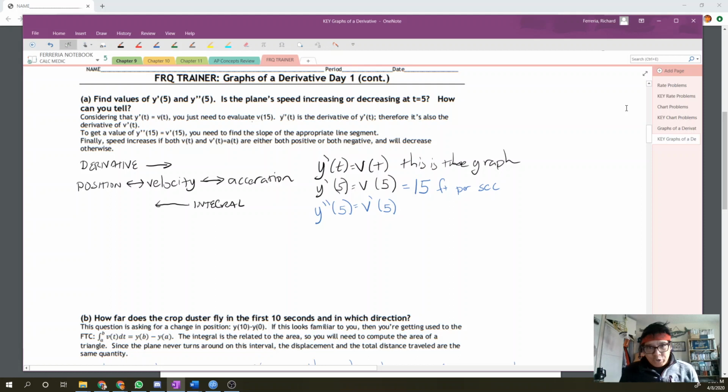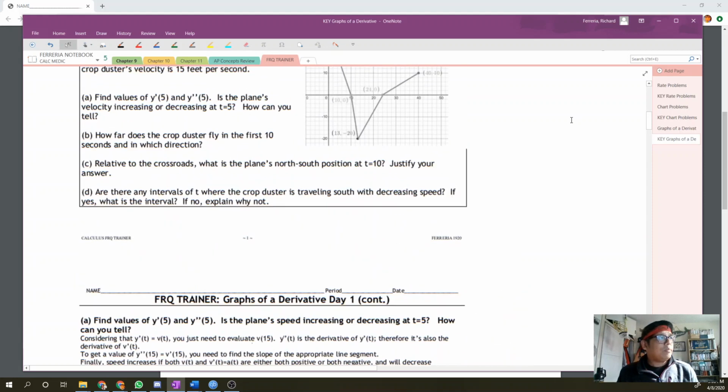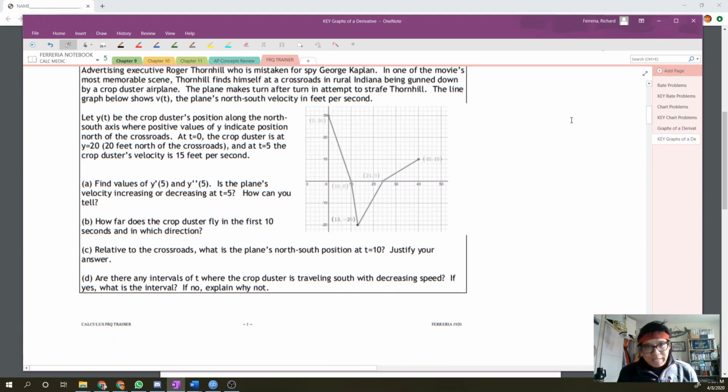The next part's a little bit trickier. To find y double prime of 5, you need to find v prime of 5. How can I get v prime from a graph of v? v prime, the derivative of v, is the same thing as the slope of the graph. It's a straight line segment with negative slope, so we would expect v prime to be negative.